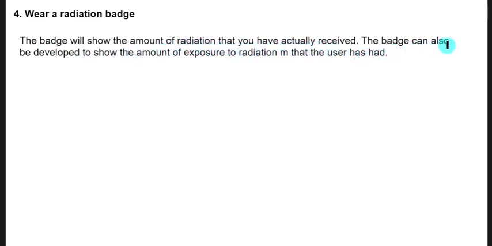The badge can also be developed to show the amount of exposure to radiation that the user has had. So this badge, after some period, should be taken to measure how much radiation has been coming to you. And if it is noticed that it is too much, then you can be stopped from working in that place where radiation is produced. That way the person is protected.